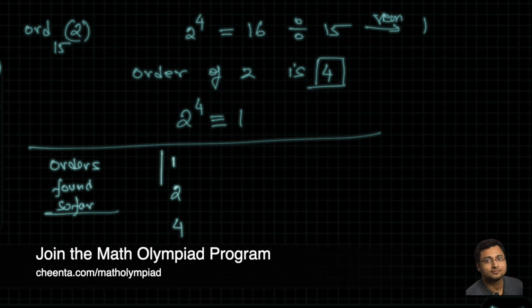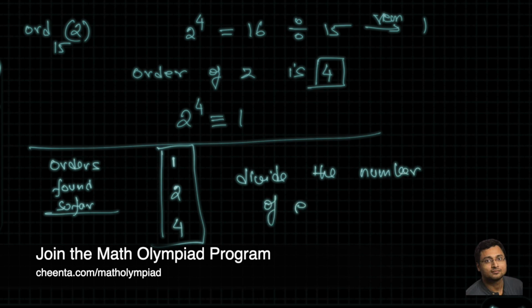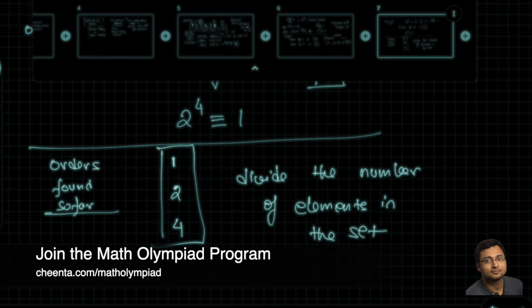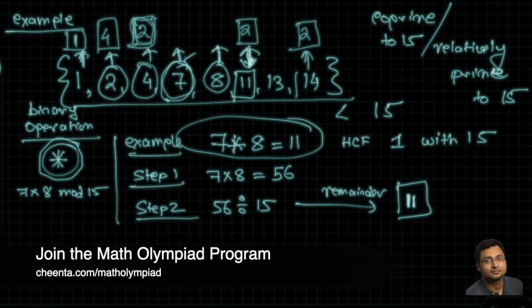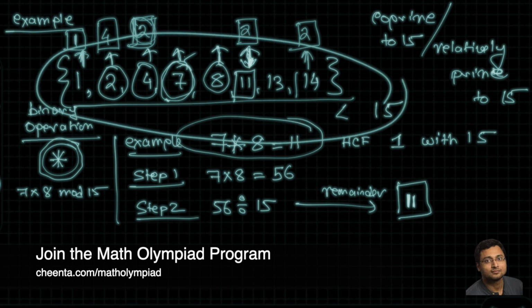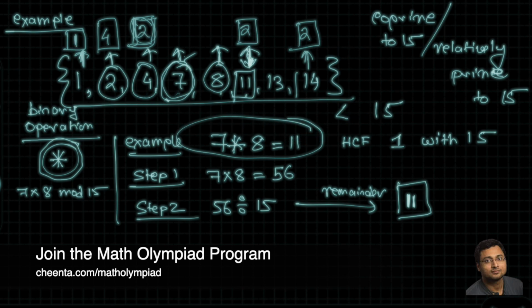Now all of these values divide the number of elements in the set. That's the main theorem. If you look at the set, there are 8 elements in the set. 1, 2, 3, 4, 5, 6, 7, 8. And each of these orders that you have found, they divide the number of elements in the set.